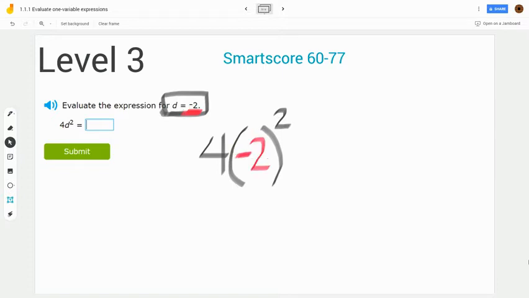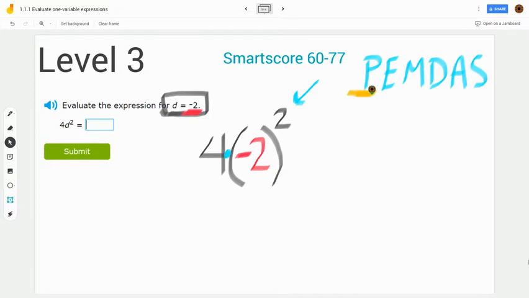Now there is an order of operations thing going on here because we have two things going on. We have multiplication, for 4 times, and then we also have an exponent. With the order of operations, we always do the exponent before multiplication. If you remember the acronym PEMDAS, you would always do parentheses first, inside parentheses.